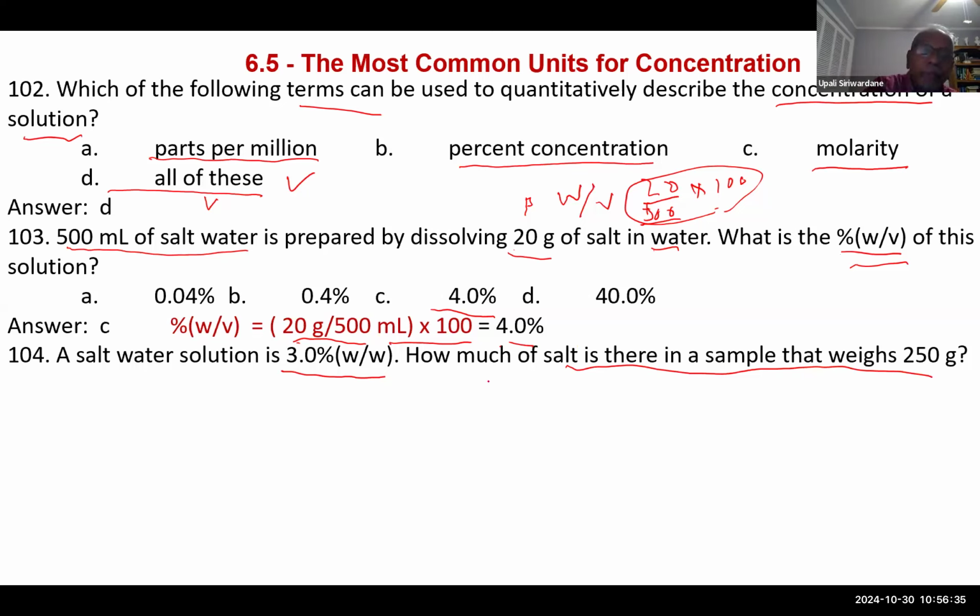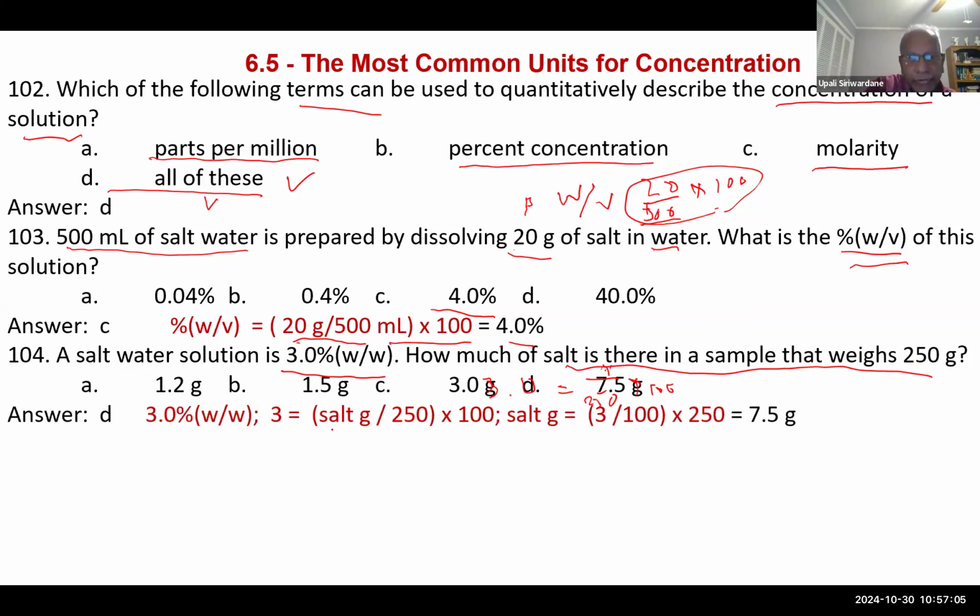If you know the solution is 3%, 250 is the total, X is the question, you solve for X. The salt divided by the total is equal to 3%.